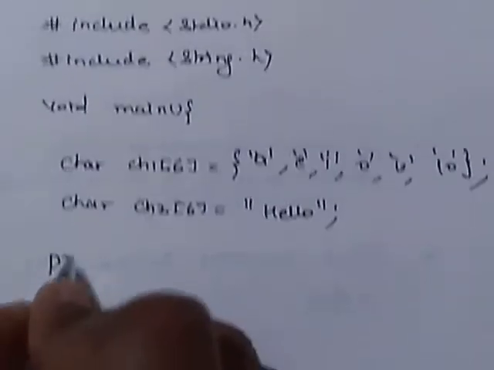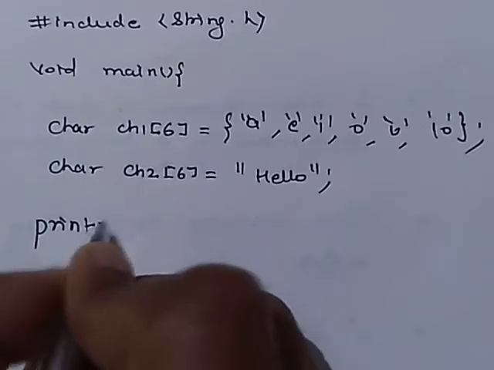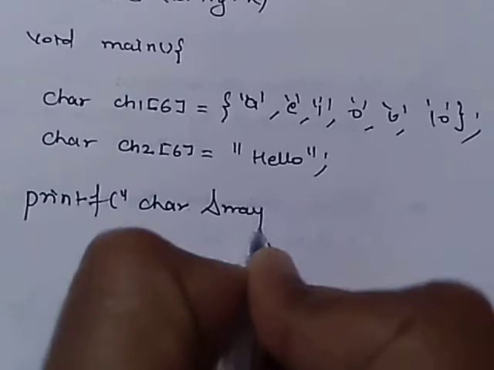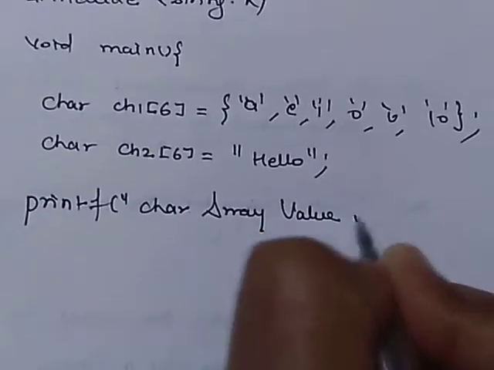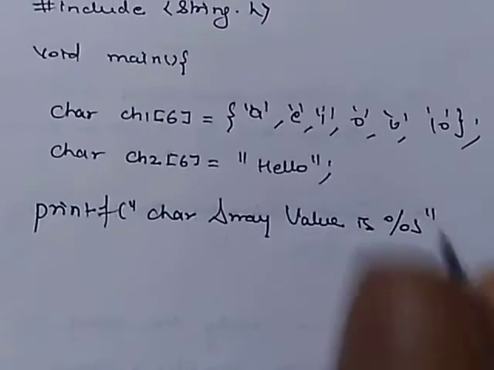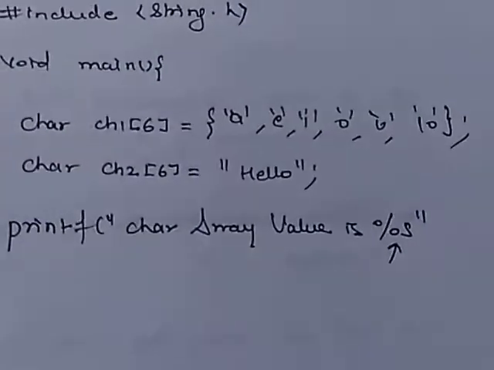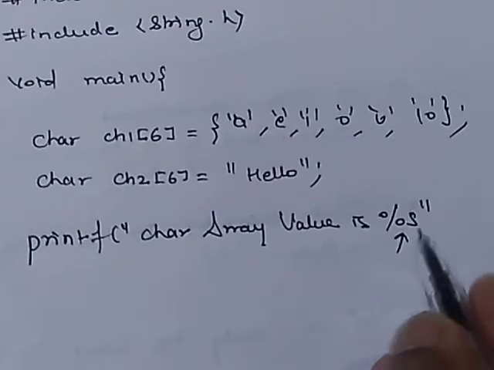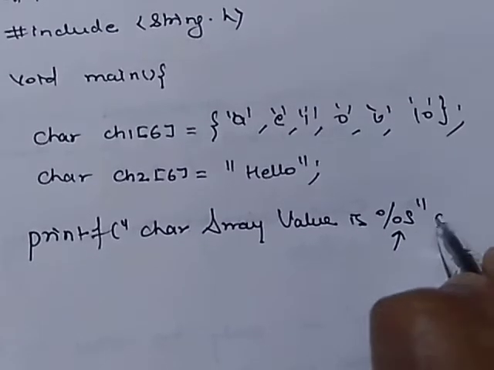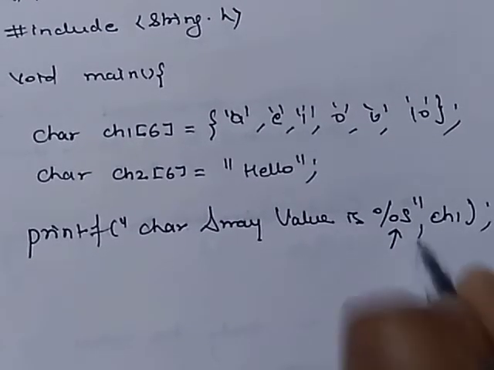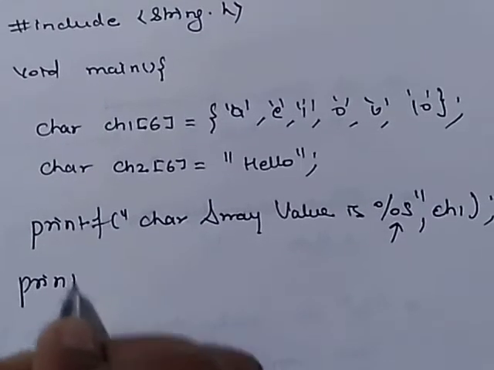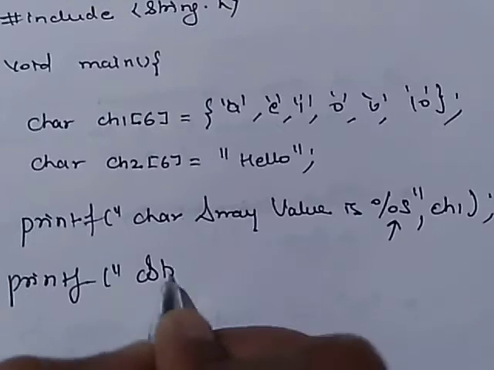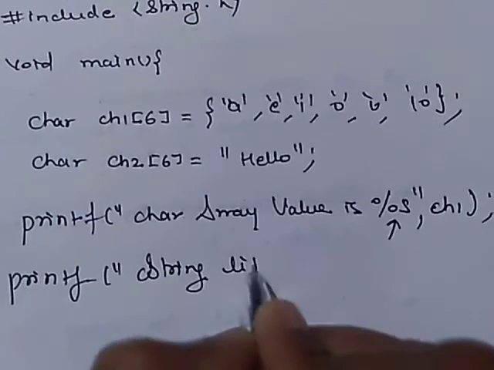Now printing these values: %s is a control specification used with a string, and for a character we will use %c. String literal.